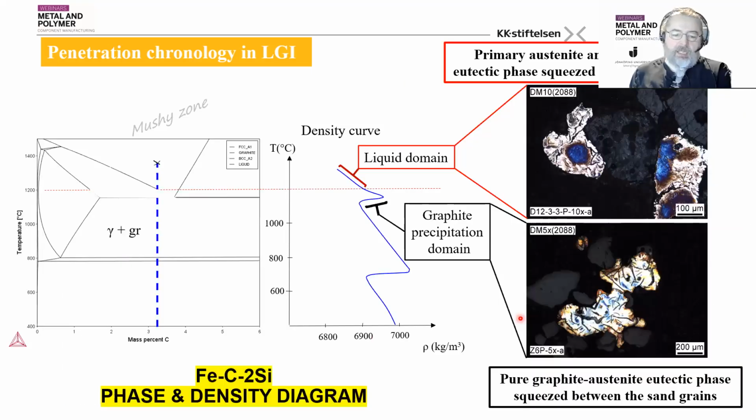In the next slides, I'm going to explain the physics behind this phenomenon. On the left side, you can see the phase diagram for a two-percent silicon iron carbon alloy. And on the right side, we can see the density variation diagram for this given alloy, which is a hypoeutectic composition.